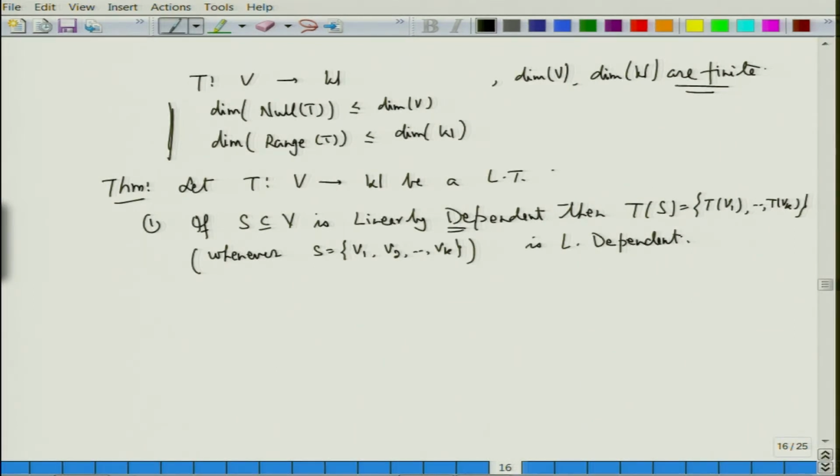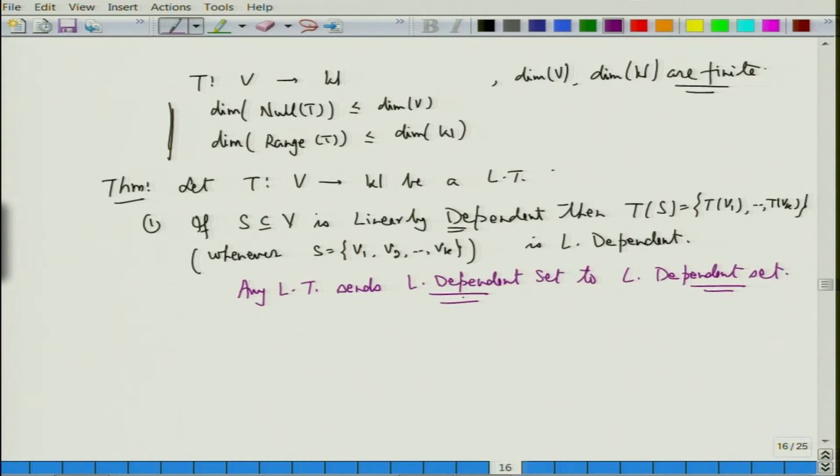So what I am saying is that any linear transformation sends a linearly dependent set to a linearly dependent set. Is that okay? I do not have a choice here, fine. Sends dependent to dependent, fine.